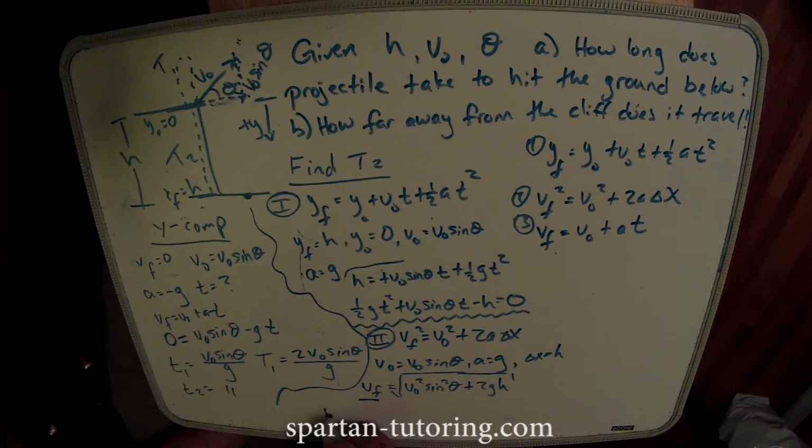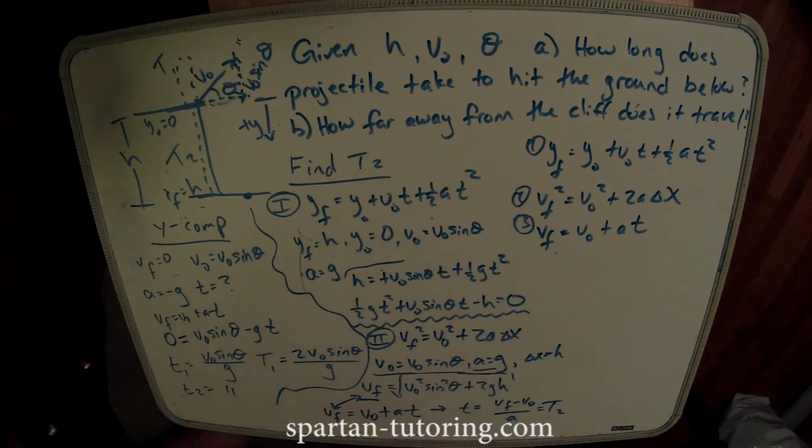So I'd have that Vf is equal to v naught plus at, where Vf is equal to that Vf, v naught is still v naught sine theta, and a is still g. And so what I would have is t is equal to Vf minus v naught over a. And this is another way, this would be your, I guess, capital T2.